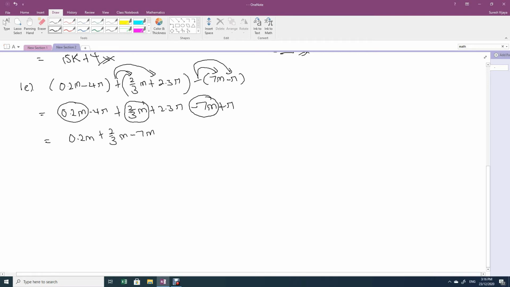minus 7m, okay. So the other like terms will be, okay, I'm marking in red, yeah, negative 4n and plus 2.3n plus n, okay. So we solve this, what do you get?